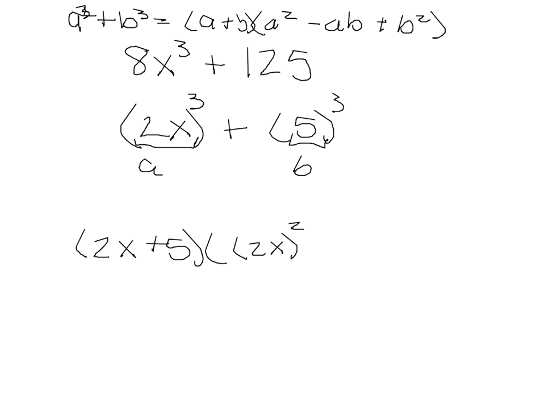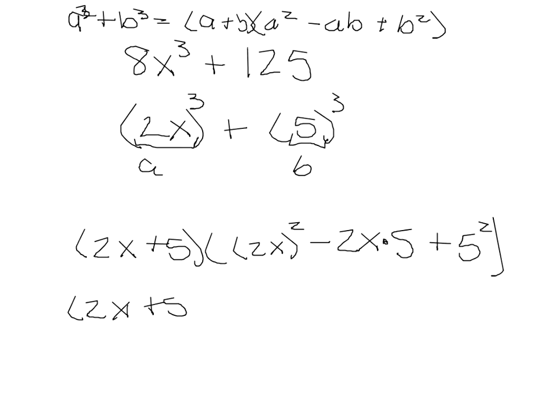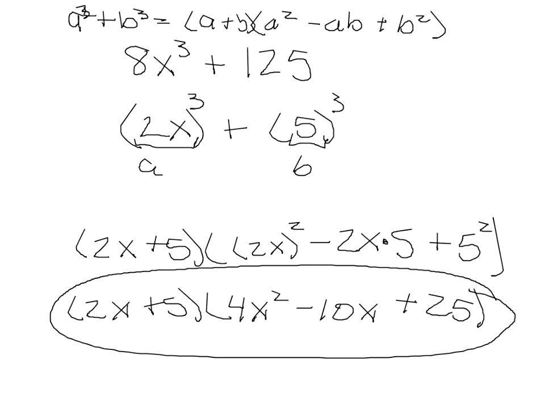So that's 2x, but the whole thing squared, minus A times B, so that's 2x times 5, and then plus B squared. So working with this piece, to simplify it, I get 2x plus 5 times 4x squared minus 10x plus 25. And that is my factored sum of cubes.